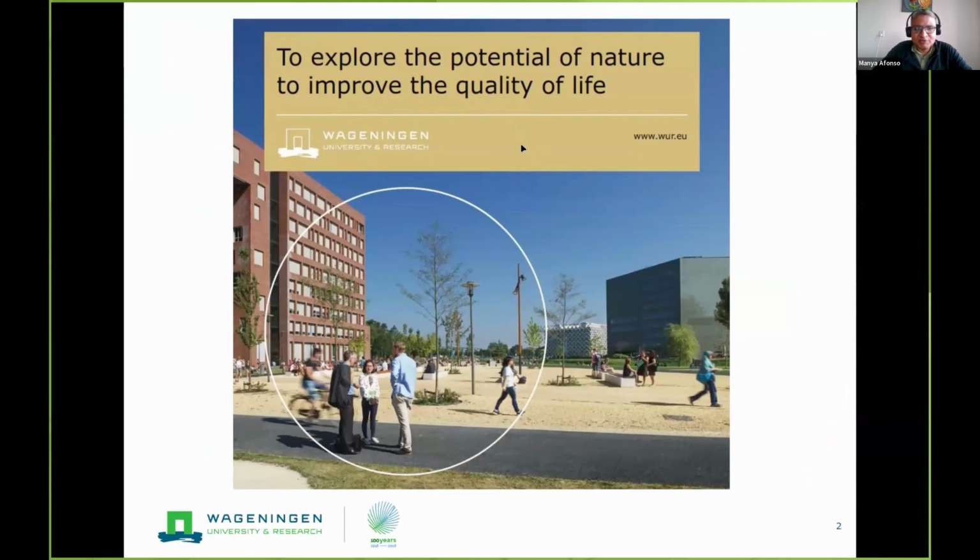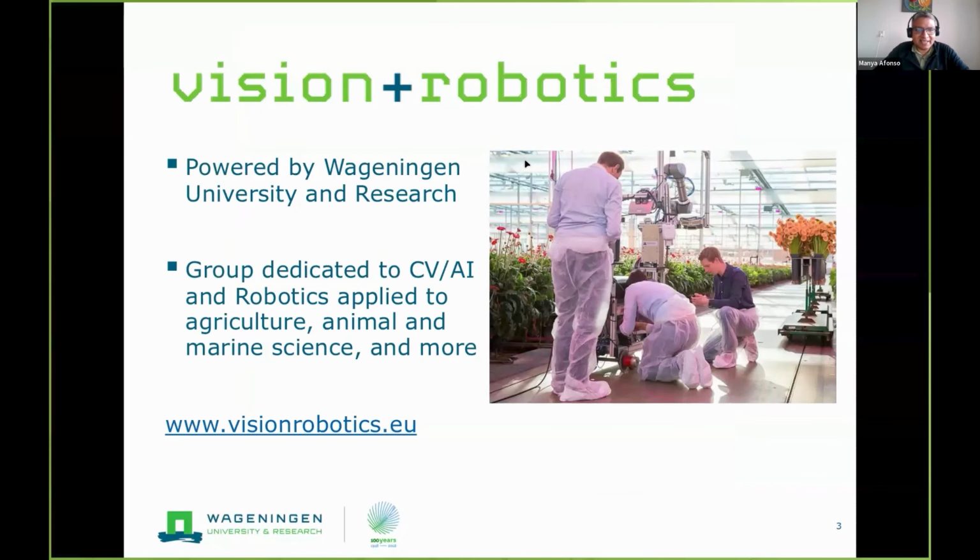Our university is focused on the life sciences, and we actually consist of two legal entities. That's the academic part, the degree granting university, and the research foundation where I'm employed. In the research foundation, we do more applied research and also contract research.